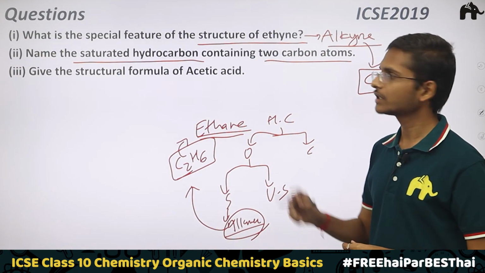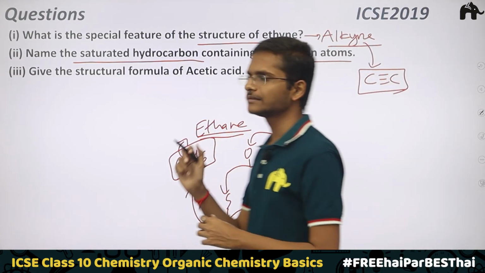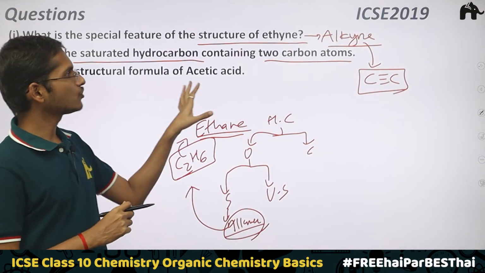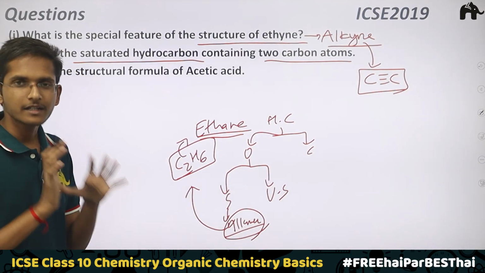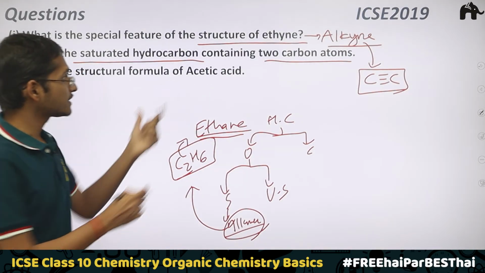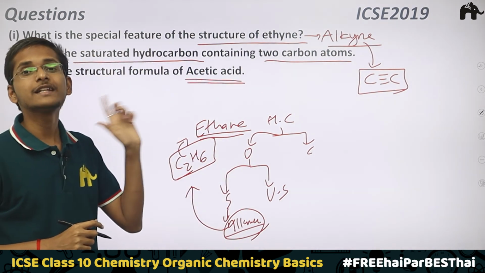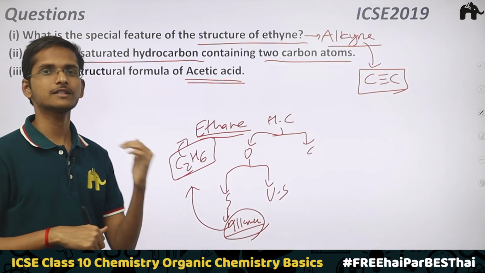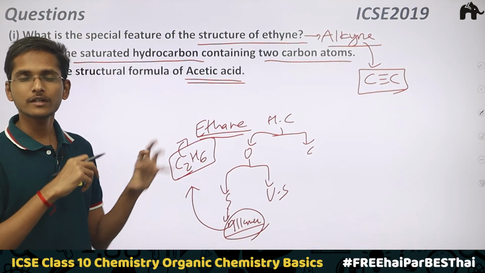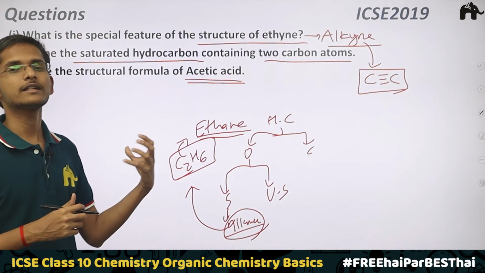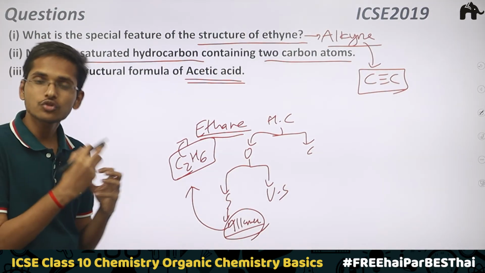The answer is ethane. Next: give the structural formula for acetic acid. Now, acetic acid is not in our syllabus right now, but yes, we have studied it when we were seeing the trivial names. Remember, we saw the trivial names and IUPAC names. Before IUPAC names we started with trivial names, and I introduced you to trivial names, which are based on the source of the organic compounds.